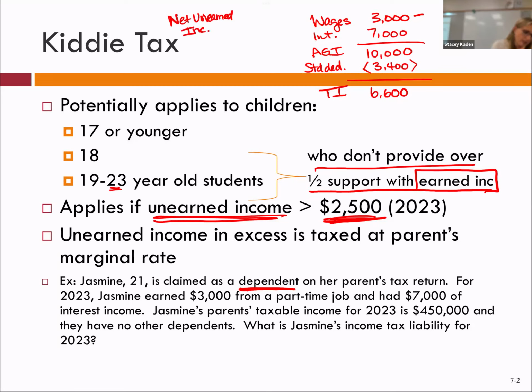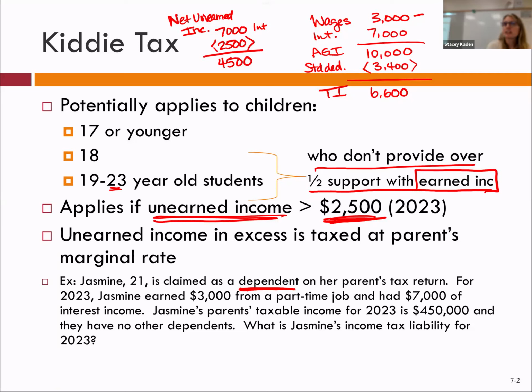we're going to take 7,000. That was the interest. Less 2,500. Awesome. Minus.